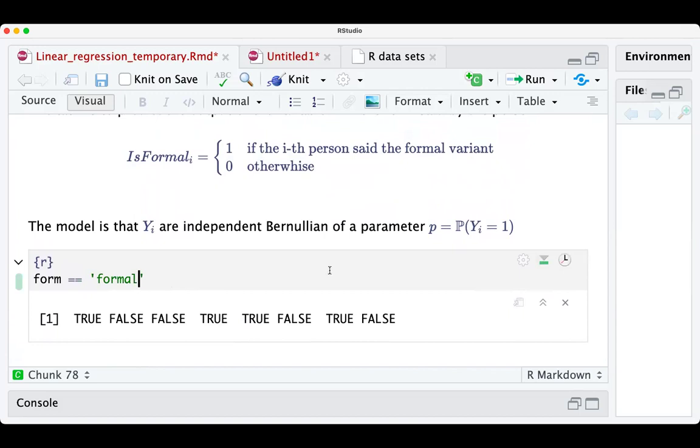And now the computer, if we impose them to be numbers, will use a 0 for the false, and 1 for the true. So this vector will be a vector of zeros and ones. Sorry, let me check it again. Yes, 0 when it's false, 1 when it's true.